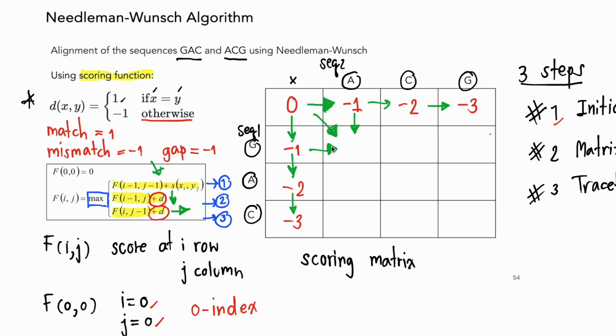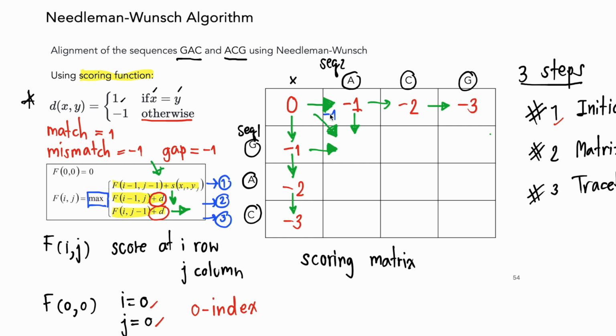Okay. For the diagonal line, the value that we can put, we have to consider the two nucleotides from the first sequence and second sequence, which is G and A. You can see that G and A is mismatched, right? So we will put the score -1 here.